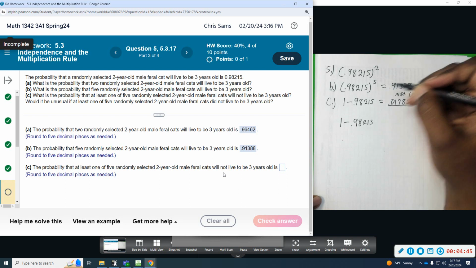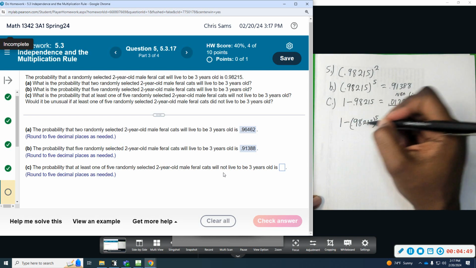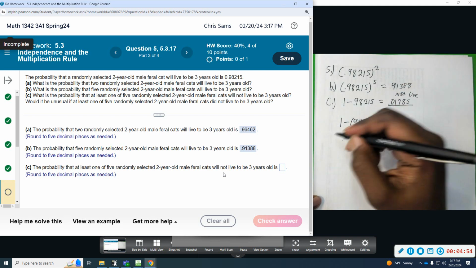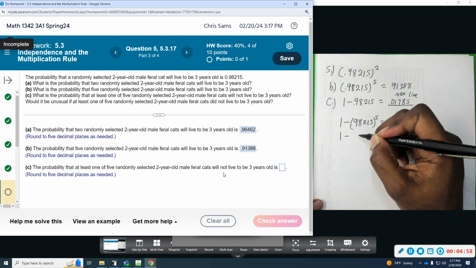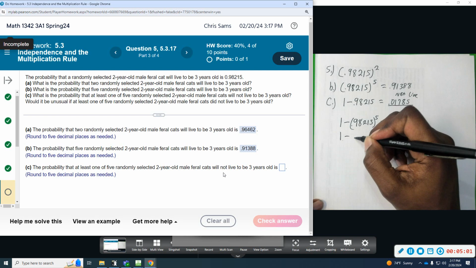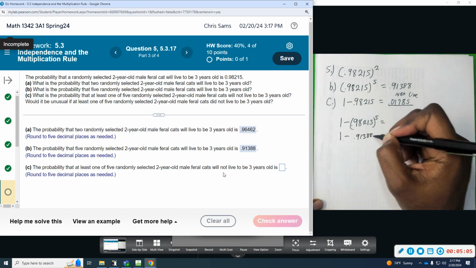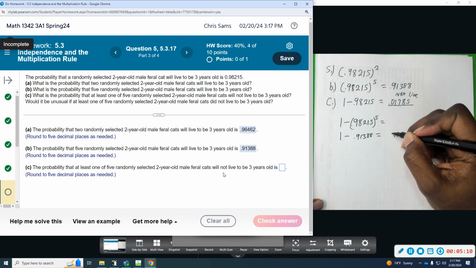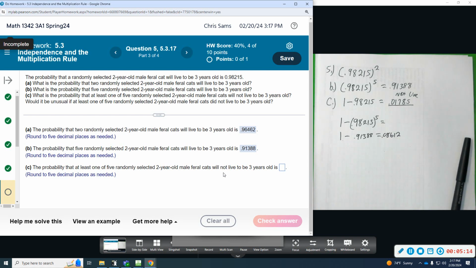0.91388. So this is to the 5th power. All 5 of them live. Take that away, and you get the chance that 1 of them or more will not live. So if I do 1 minus 0.91388, that will give us 0.08612.